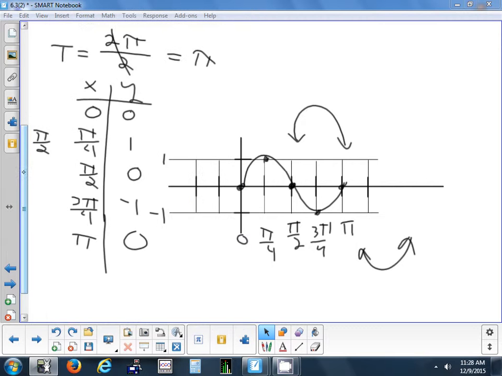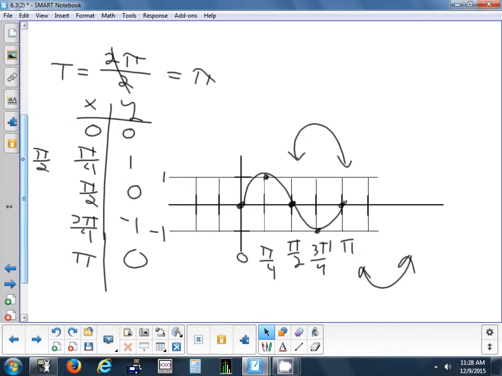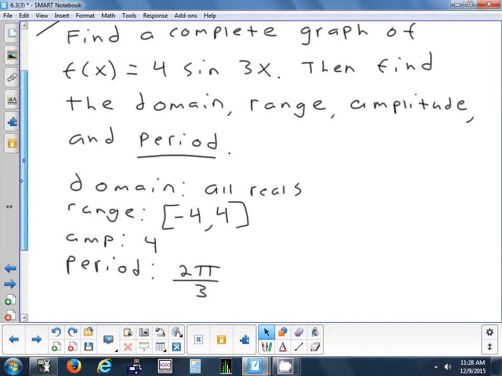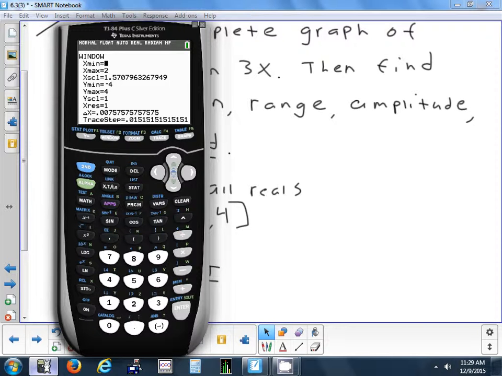All right, so think about sine. And where should I start it for my x min? Yeah, I think 0 would be good because we haven't shifted left or right. If we had, maybe we'd want to take that into account, but in this case, we haven't. And if I wanted 1 period on the screen, what would I set my x max to?